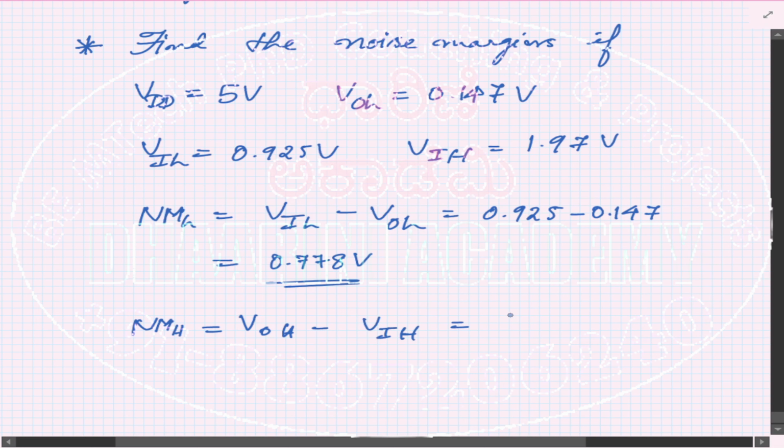So VOH is VDD itself. So this is 5 volts minus VIH, which is 1.97. Correct. So this is 5 minus 1.97, which is 3.03 volts.